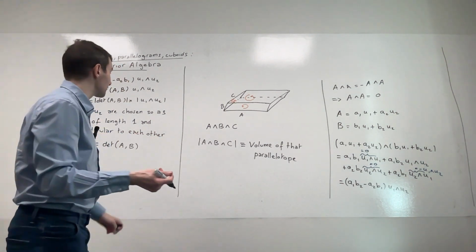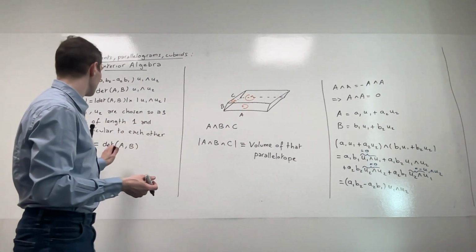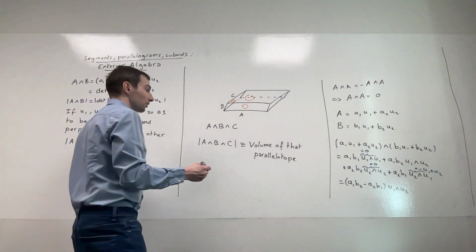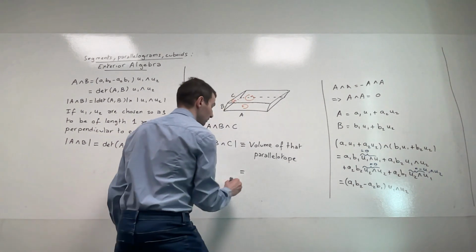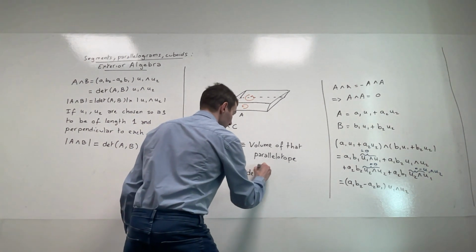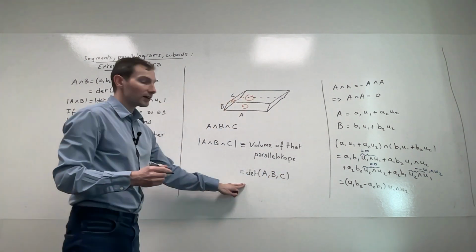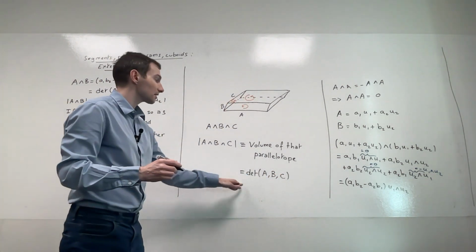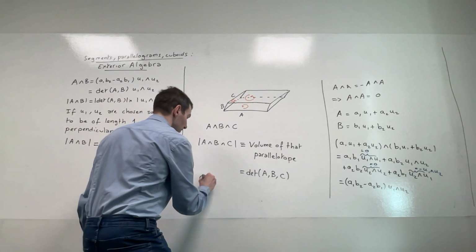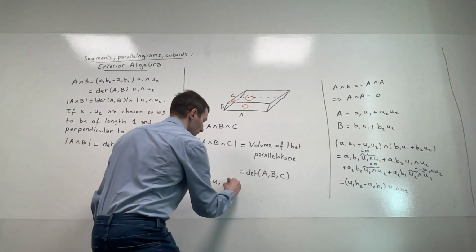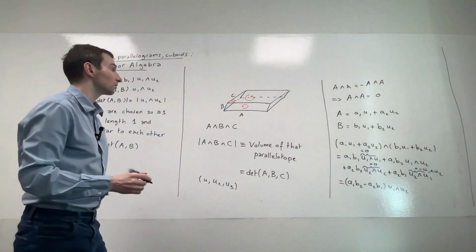Now, if we apply the same formula that we have used before, we are going to get that this particular volume is equal to the determinant of A, B, and C when they are expressed in a basis U1, U2, U3, which is orthonormal.